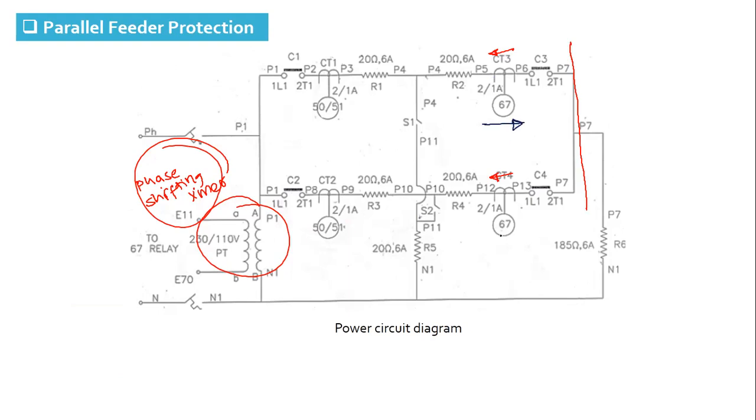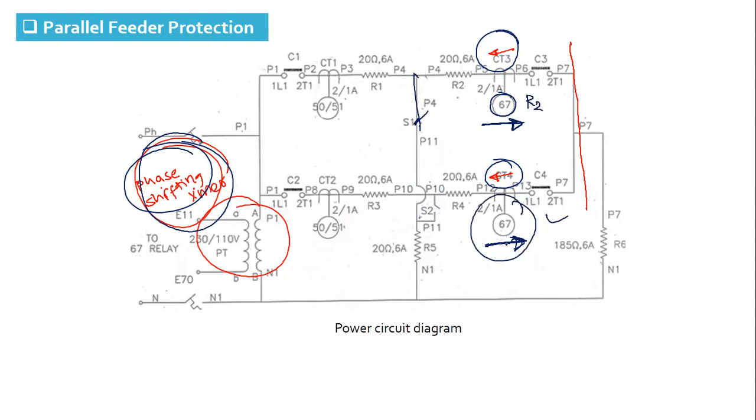Okay, in the field, actual direction of operation is always away from the bus, but for a laboratory demonstration, to understand the effect of the phase shift on the relay, we are going to reverse the operating direction of these two relays. Instead of out of the bus, they will operate into the bus. So when we close the switch S1, instead of relay R2, relay R4 will trip, because operating direction is reversed. And in the same way, when the fault is on line 2, relay R2 will trip.